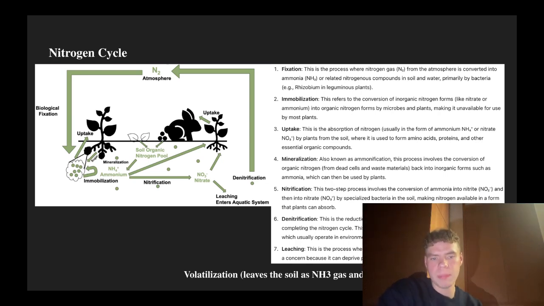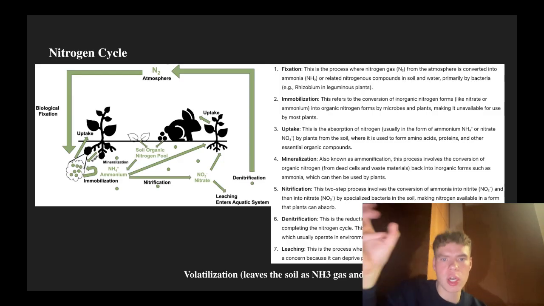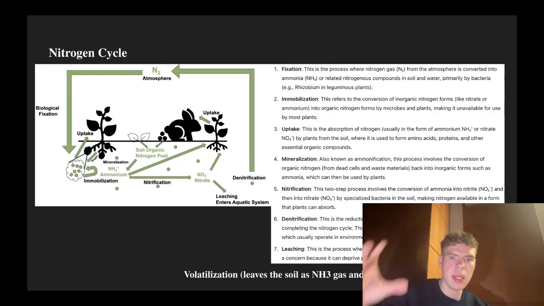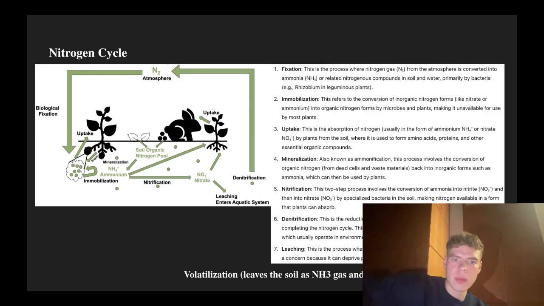And then leaching would be, say, if it rained really, really hard and then nitrogen just basically got moved out of the soil. So this is actually a problem. Say a farmer puts a lot of fertilizer on plants, and there's a big rain, a big thunderstorm, and that gets rained away, and all of that nitrogen gets moved from the farm to a lake or river or an ocean.